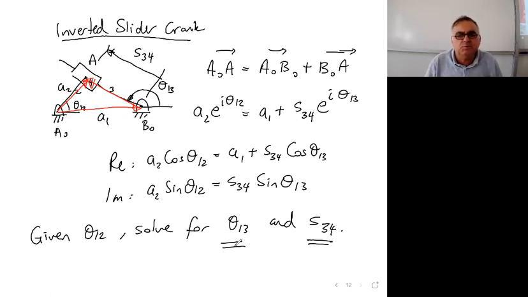This is the easier version of slider crank, inverted slider crank mechanism. I will do a more complicated one the next time. Yes. In theory, it is possible to solve for these unknowns. Okay, let's stop here for today.